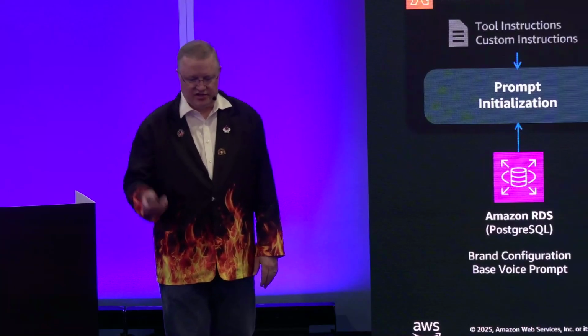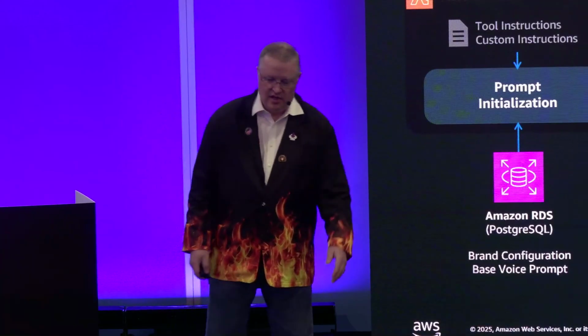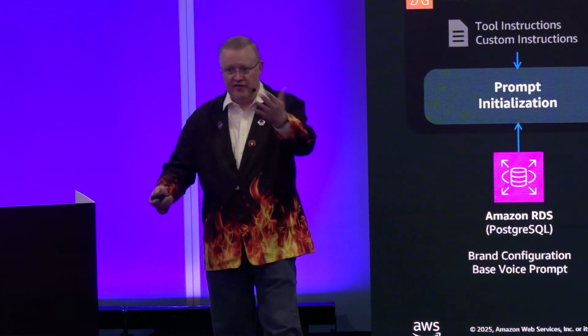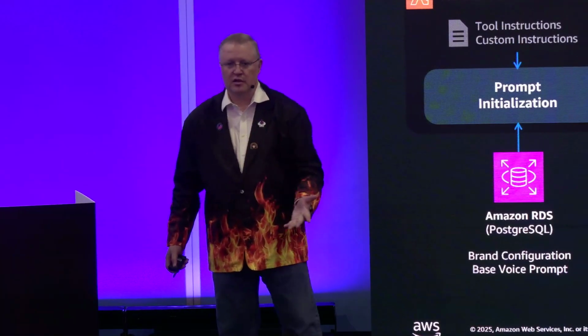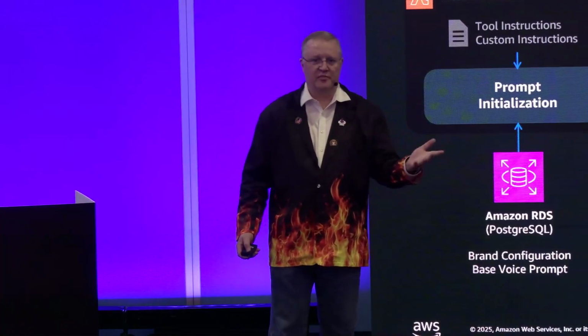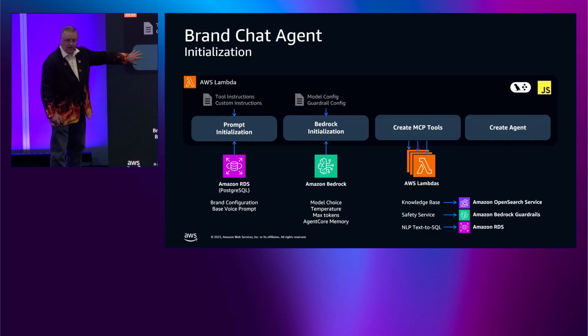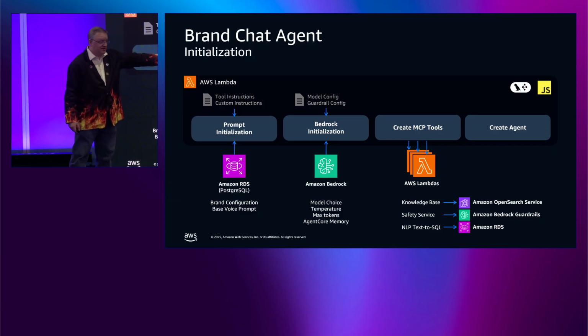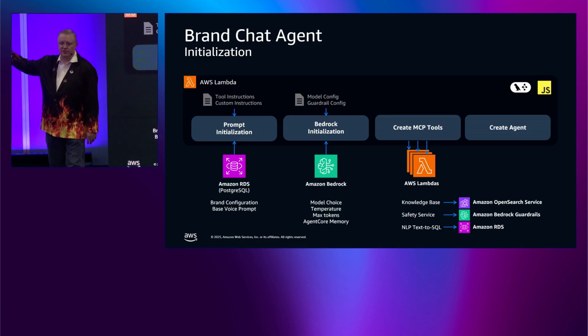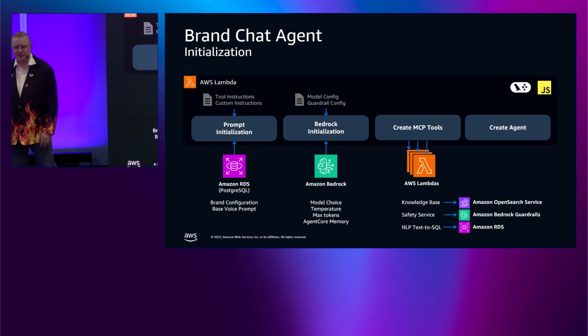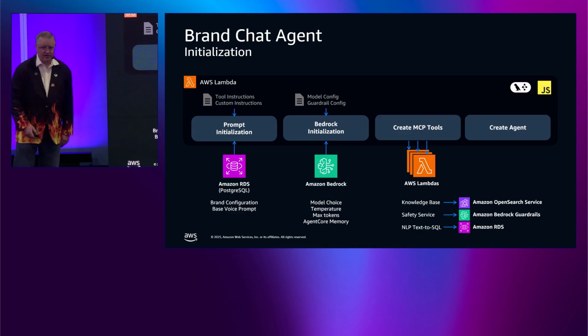So let's go down another level. When you have a customer coming in, what do you need to do at the startup of every conversation? Well, tell it about the prompt, that's all your voice and all the other stuff. Initialize Bedrock, create a set of tools that go out to those Lambdas that we already had to create for the other version of the service where we were building these agents. And finally, it's initialized.